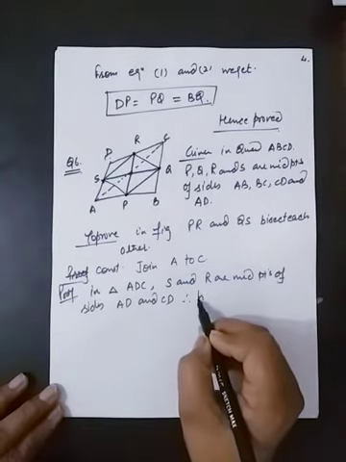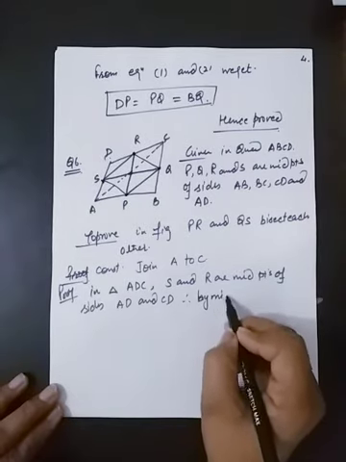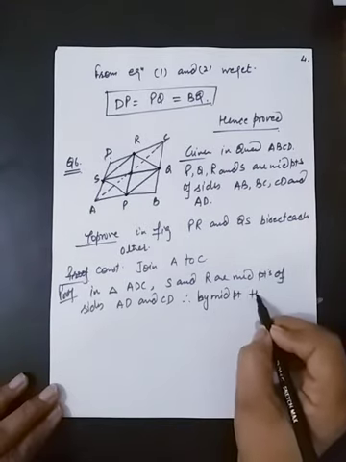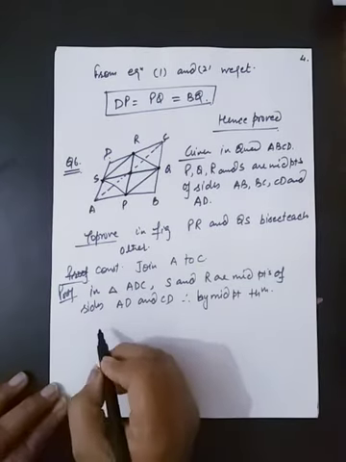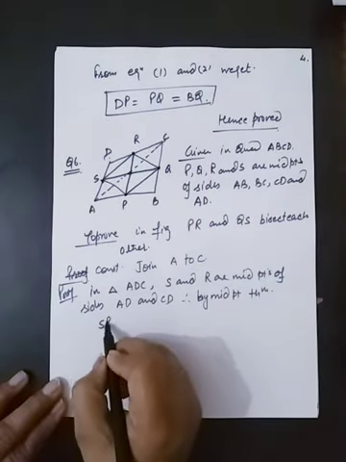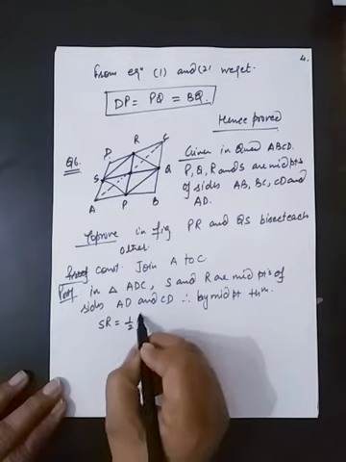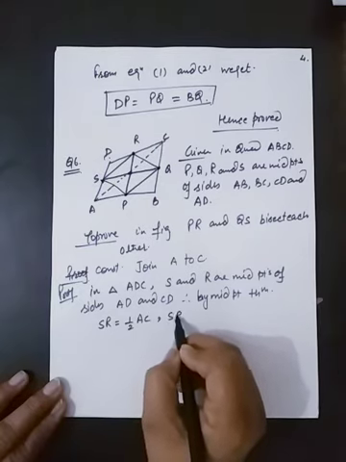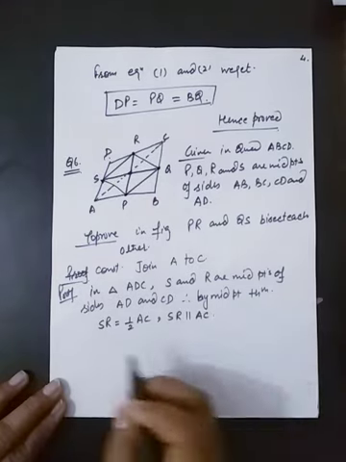So therefore, by midpoint theorem, SR is equal to half of AC and SR is parallel to AC.